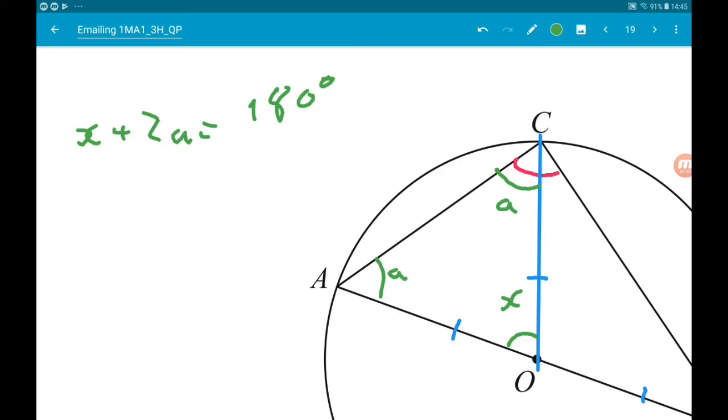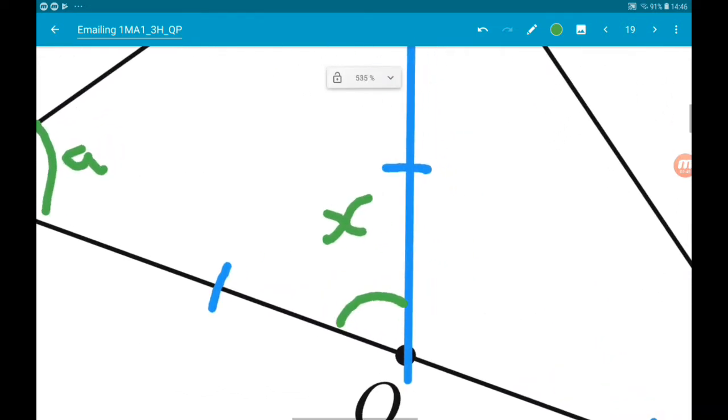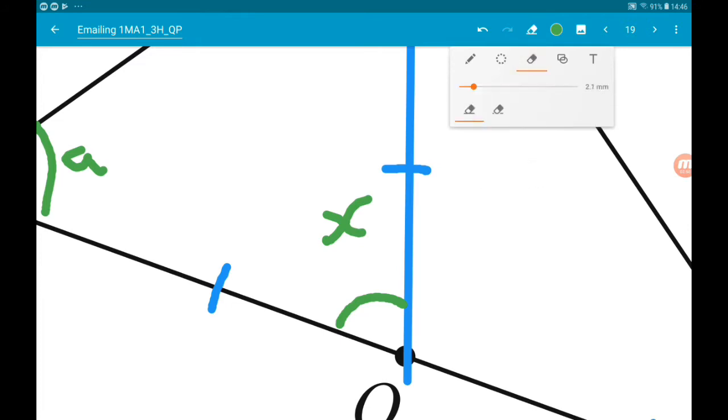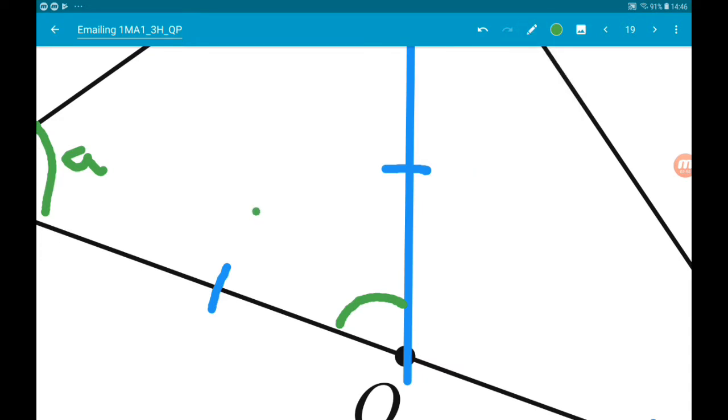So X is 180 minus 2A. So we can go back, get rid of the X, and plonk in 180 minus 2A. Okay.